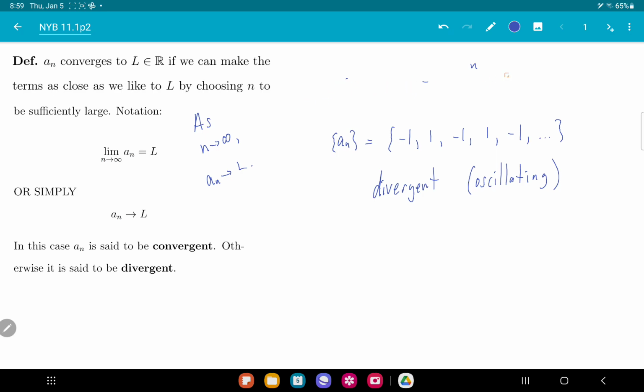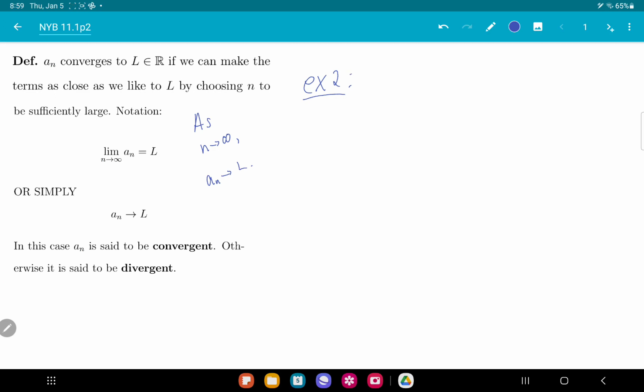Okay, another example. Example 2. a_n is equal to, we'll start with the alternating bit, then divide by n.